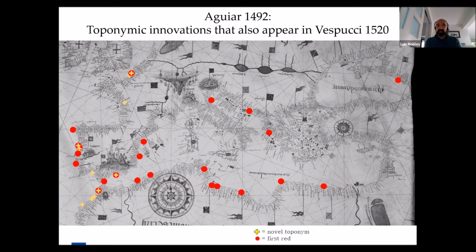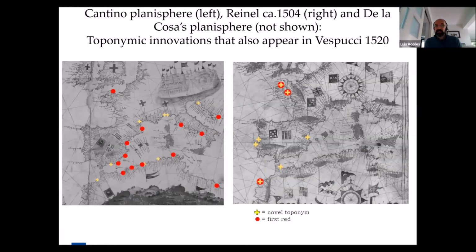So I repeated the analysis with other charts, with the Cantino Planisphere, with Juan de la Cosa's Planisphere, with Reynel's undated chart, but which probably lies somewhere between the Cantino Planisphere and 1520. So I did those analyses, and every time I found the same thing. Many innovations in every chart, many of them also present in the other ones, in Vespucci, in Cantino, in Juan de la Cosa.